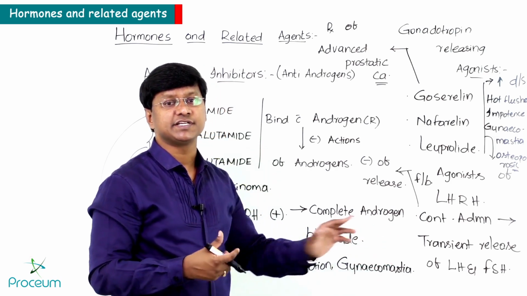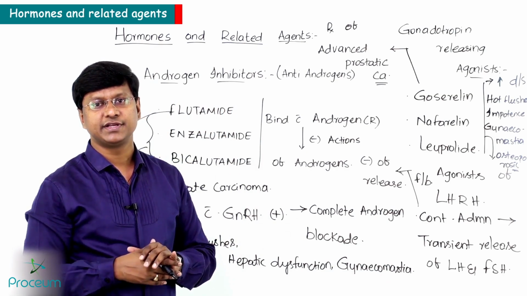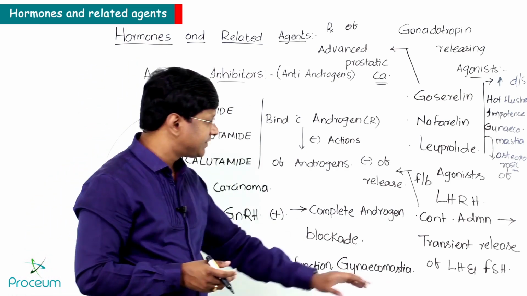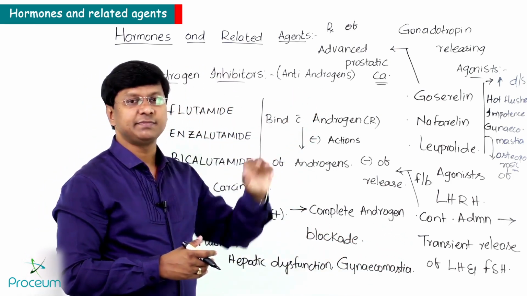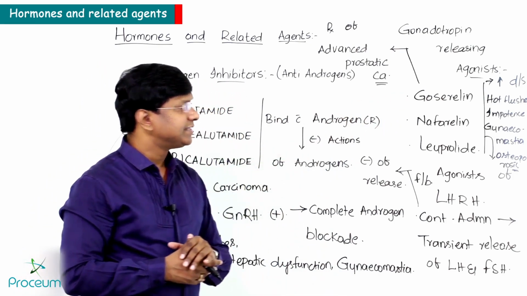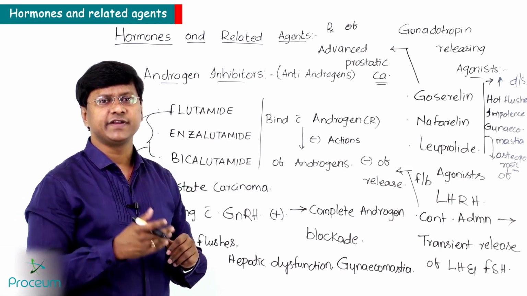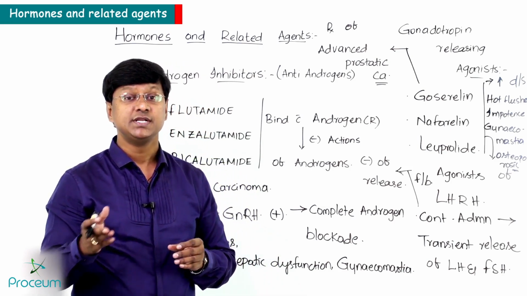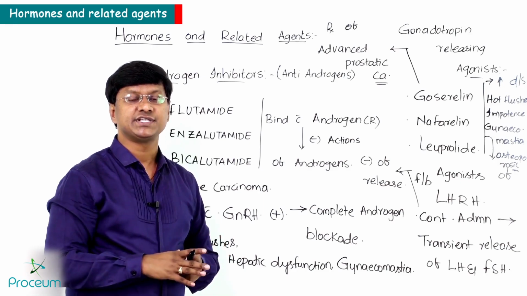If you do continuous administration of these agents, they lead to transient release of luteinizing hormone and follicle stimulating hormone, followed by inhibition of the release of the gonadotropins. They are indicated in the treatment of advanced prostatic carcinoma. The main adverse effects include transient flaring up of the disease, hot flushes, impotency, gynecomastia, and osteoporosis. Next, let me tell you the other group of agents, that is GnRH antagonists.